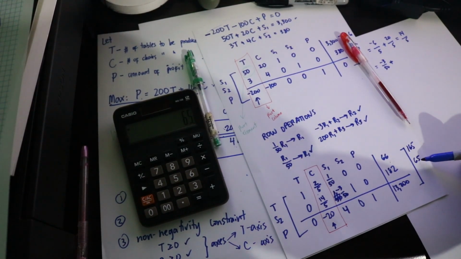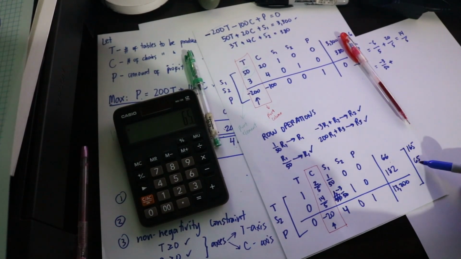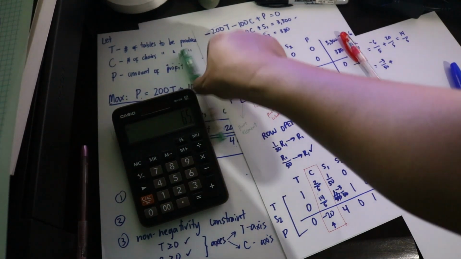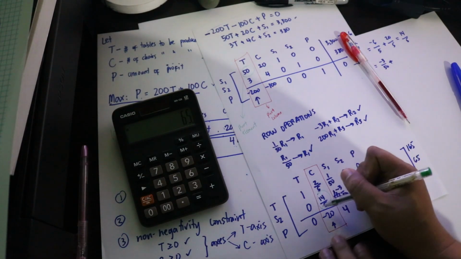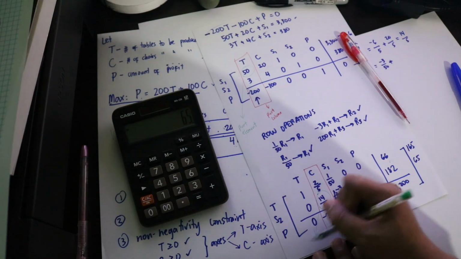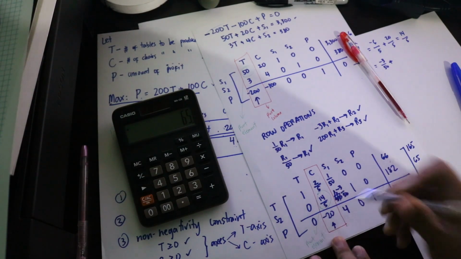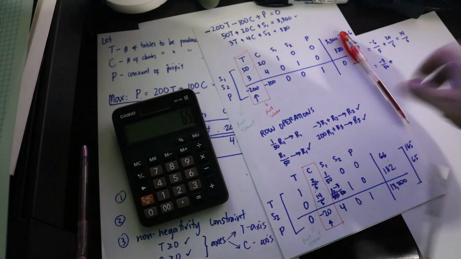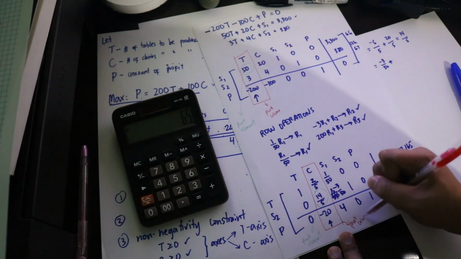And therefore, the number in the pivot column that corresponds with the smaller number here would now be our pivot element. So this is our pivot element. This entire column here is what we call the pivot column.